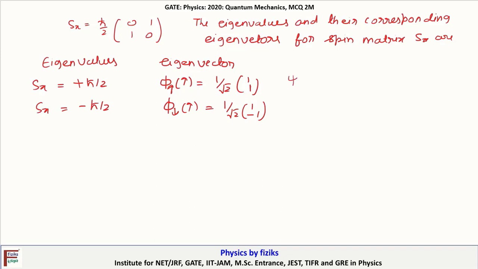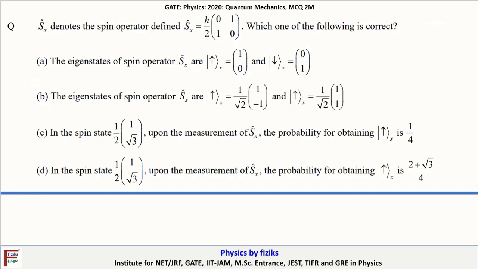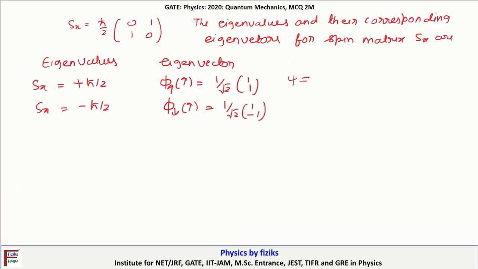Now psi for the given problem, according to the question, is 1 by root 2 in the bracket, 1 by 2, 1 root 3.